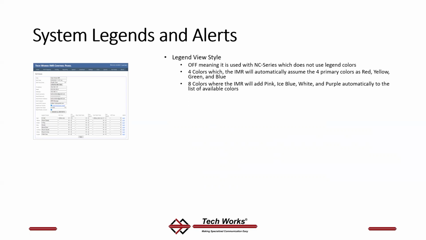The bright colors are going to be assigned to the lower master address, and the next master address in that sequence will be assigned pink, ice blue, white, and purple. Not critical, doesn't have to be that way. This is just an easy way to help you set things up, save you a little time if you guess right in the beginning, but nothing critical.